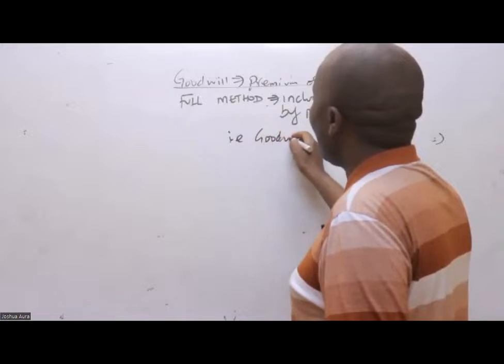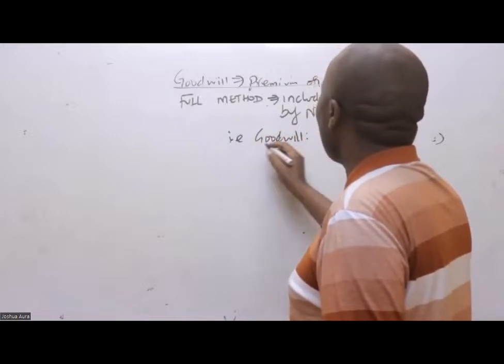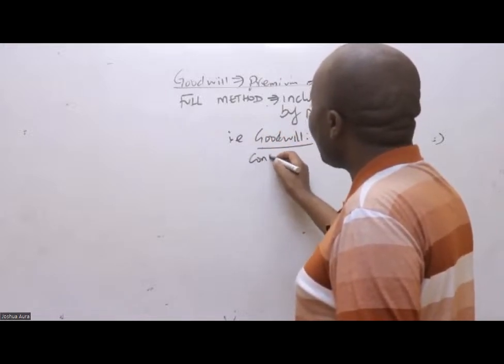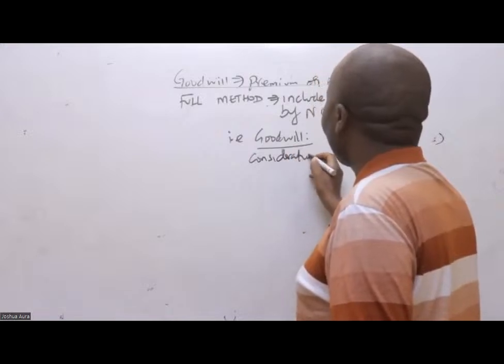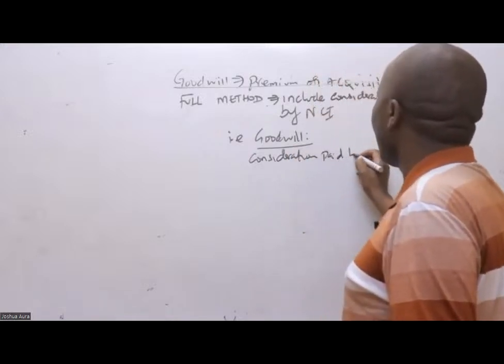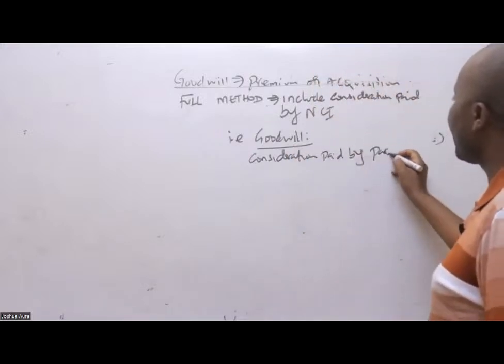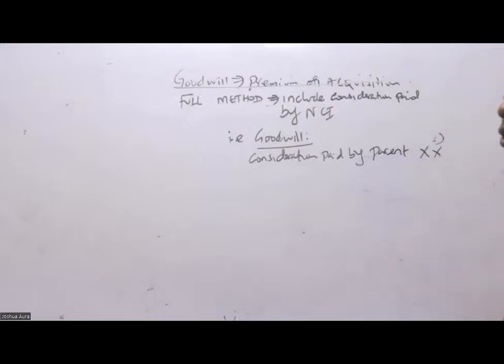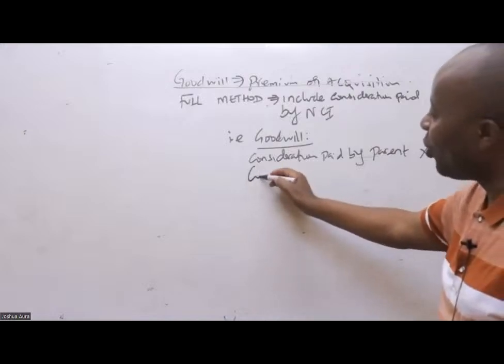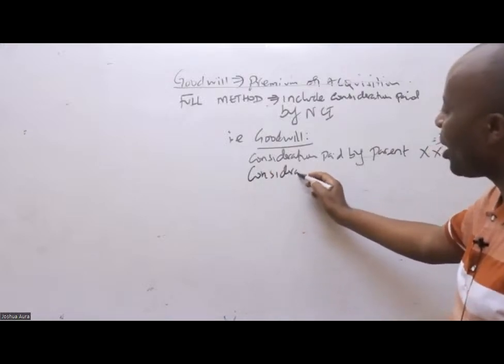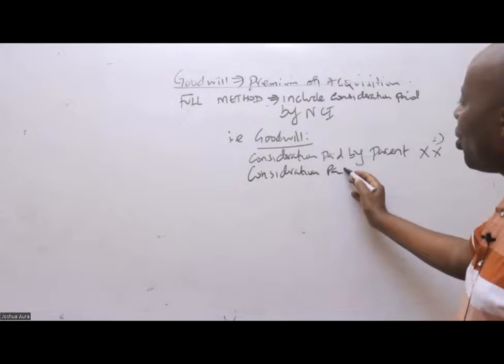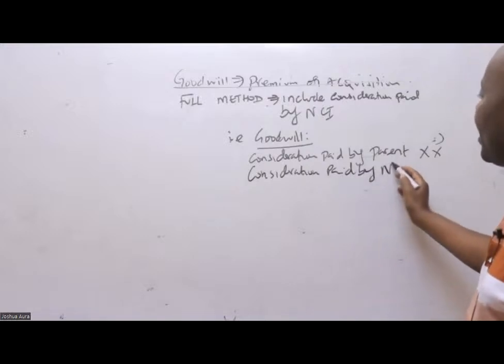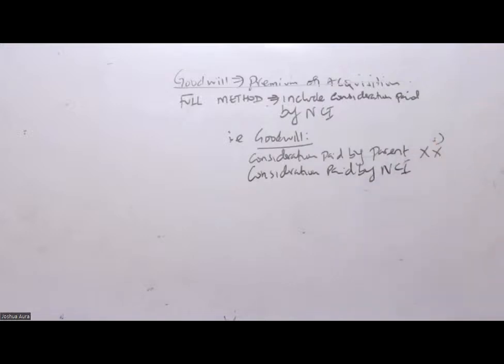Under this approach to get goodwill, we take the consideration paid by the parent company, and then we add the consideration paid by NCI, non-controlling interest.